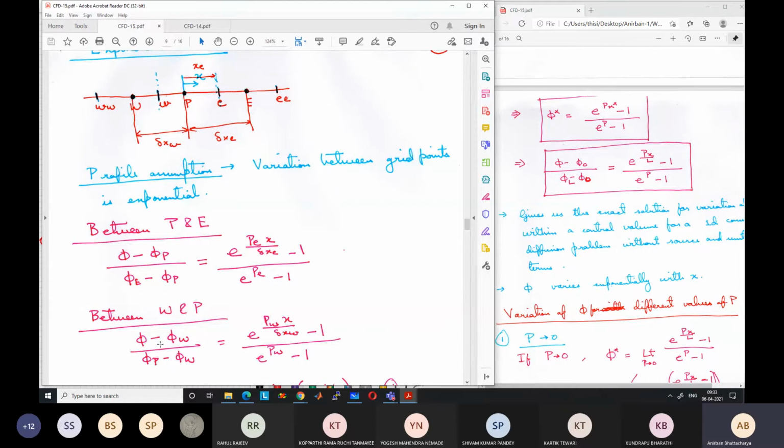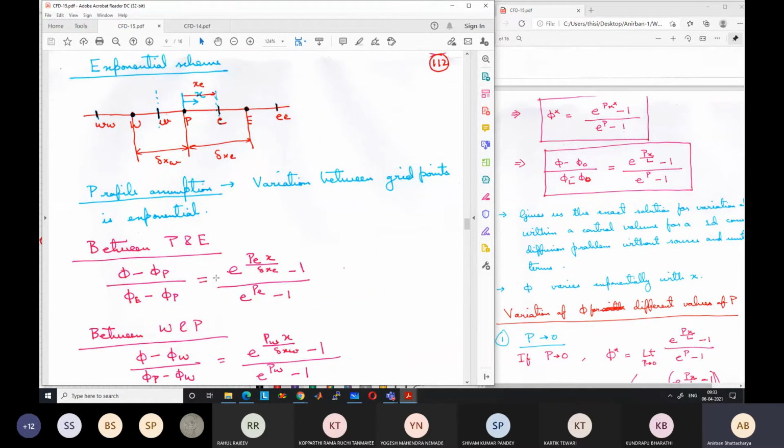So (phi minus phi W) by (phi P minus phi W) is equal to (e to the power Pw x by delta xw minus 1) by (e to the power Pw minus 1). Okay, so this is the variation between phi equal to phi W and phi equal to phi P, between W and P.